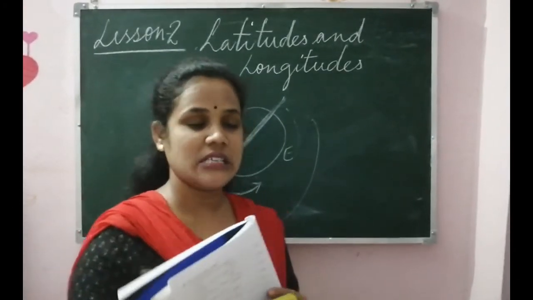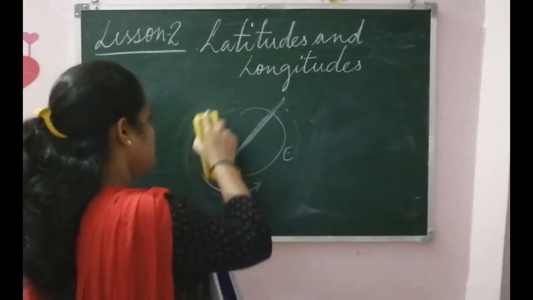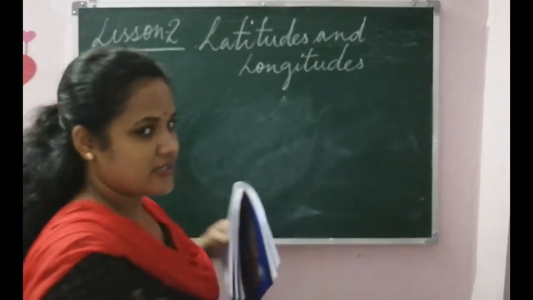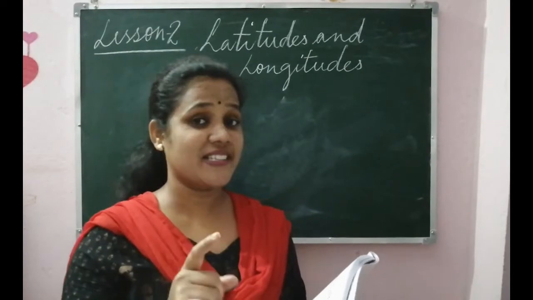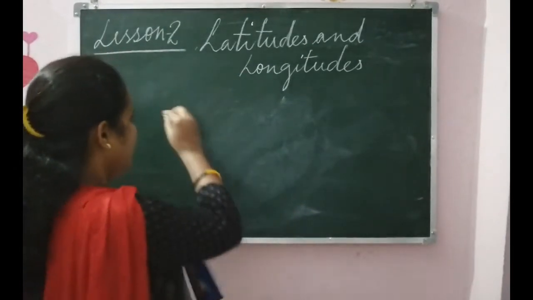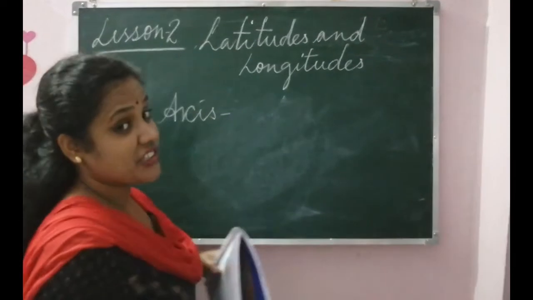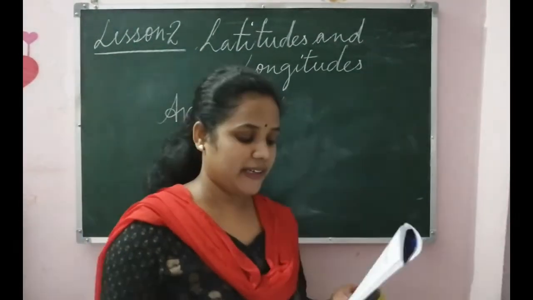Okay, that's why we see the sun rising in the east, because the earth is moving from west to east. Alright. So two things I have told you. Axis is an imaginary line. So axis is what? Imaginary line on which the earth is rotating.